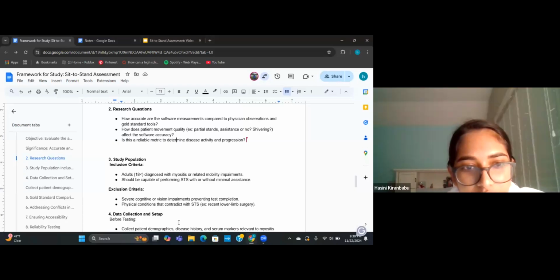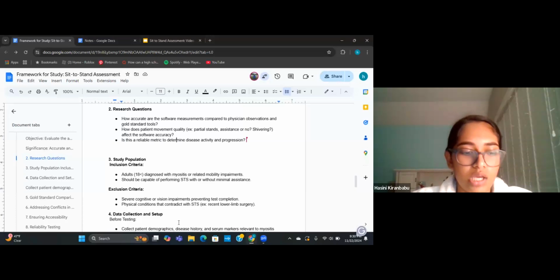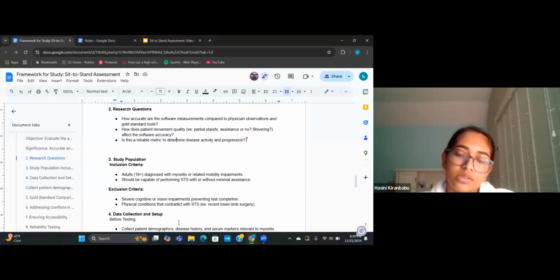Someone who is able to perform sit-to-stand without additional assistance, can follow the directions clearly, and doesn't have another condition that is going to contradict the results.